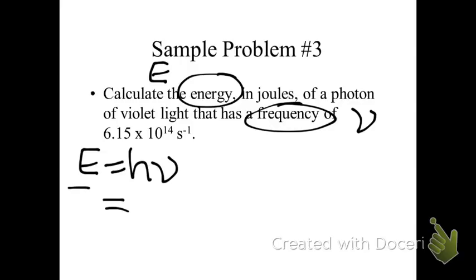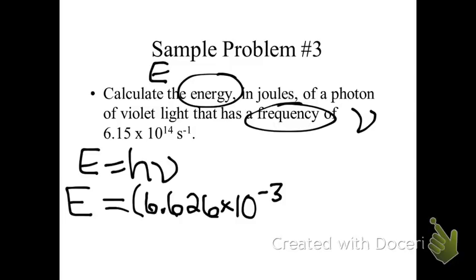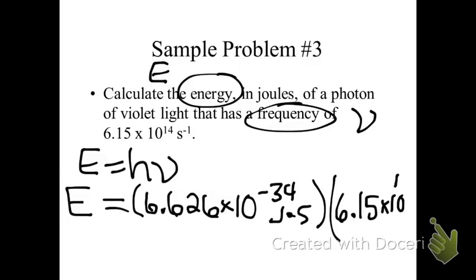We are trying to solve for energy. h is 6.626 times 10 to the negative 34th joules times seconds. And our frequency needs to be in hertz or s to the minus 1, which it is, and we just plug it in. 6.15 times 10 to the 14th s to the minus 1.